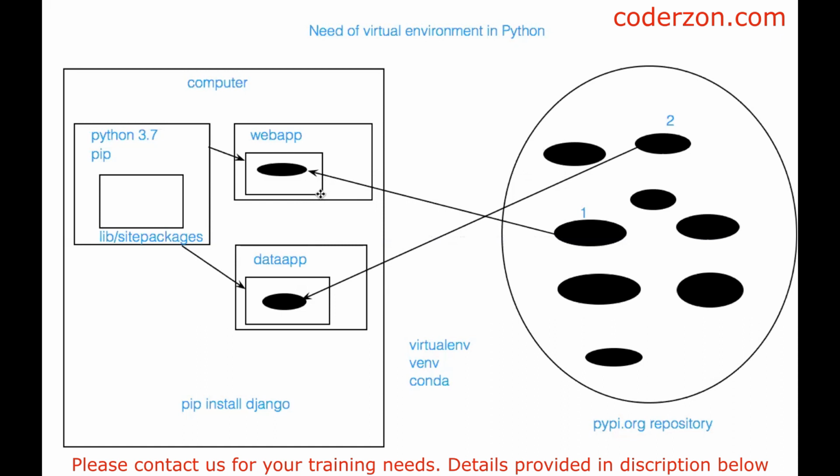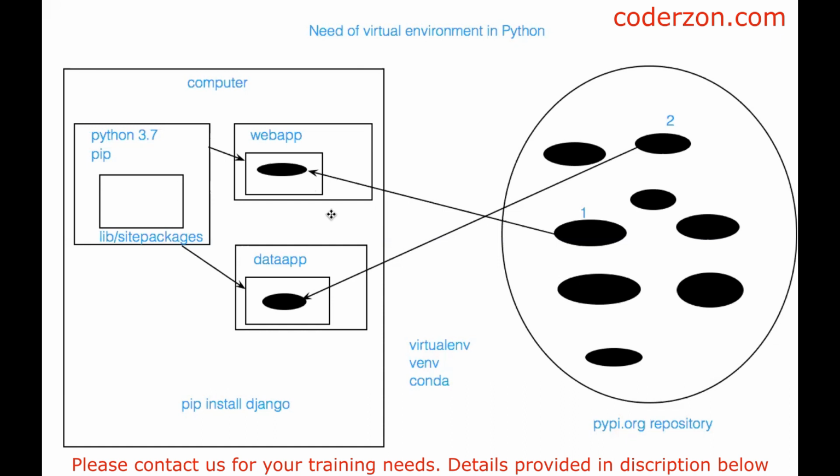Now each and every application can install its required packages without bothering about other applications. Each application has its own virtual env, and inside that there is a lib/site-packages, and the respective application installs its packages to that directory.